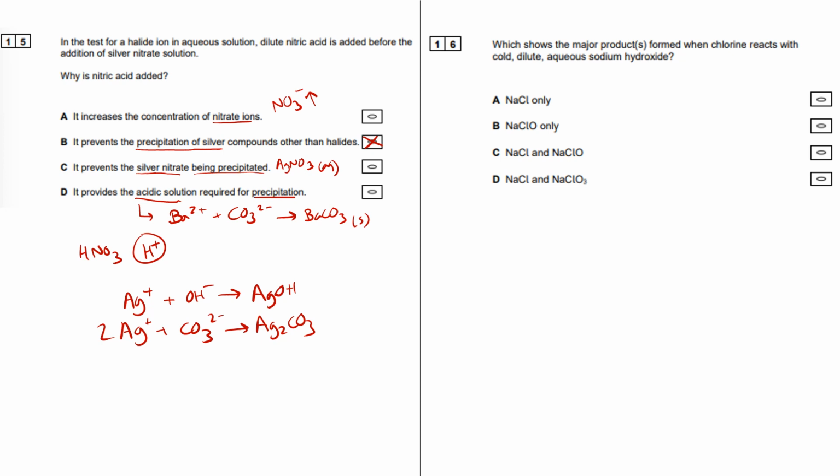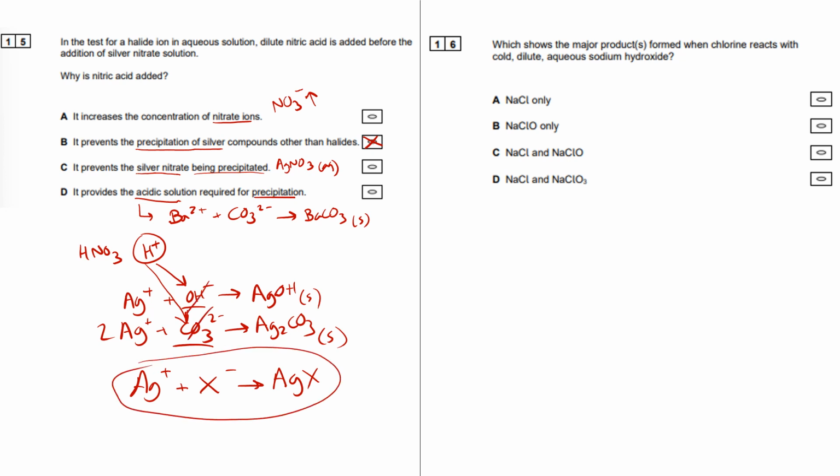So if you've got hydroxide or carbonate ions present in solution, and you're testing for a halide ion without acid, you would get another precipitate forming. That would mask the halide that's forming the precipitate with silver ions. So therefore acid will react with hydroxide to form water, and react with carbonate to form water and carbon dioxide, removing those from the solution, and therefore allow you just to see the precipitation of the silver halide.